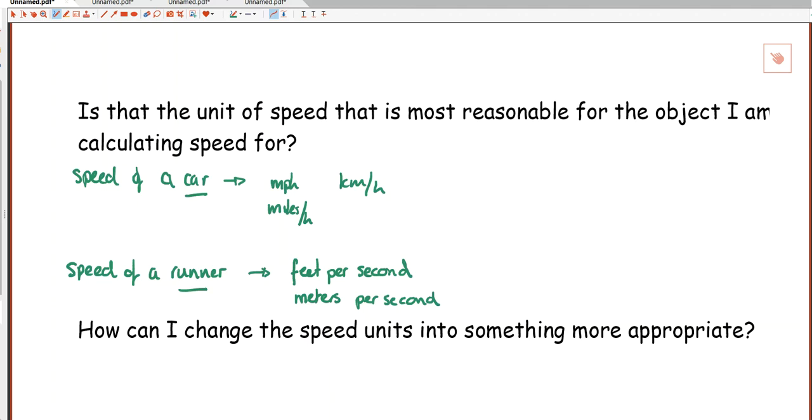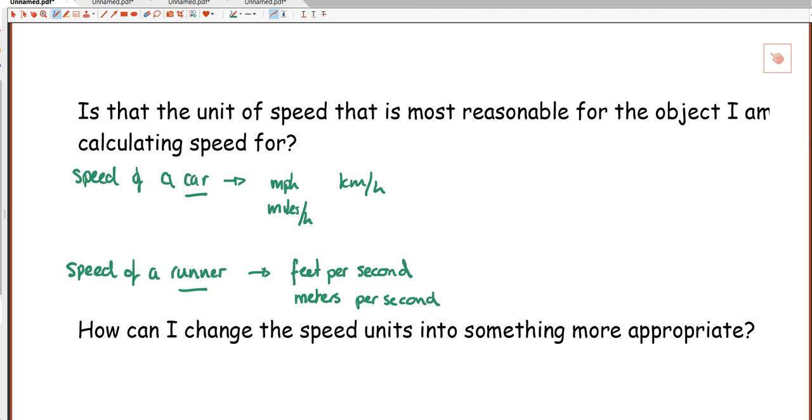Yeah, the car's a lot quicker. We can still say a car is doing this many meters per second, but it's a big number. So we say a car can do this many miles in this hour, which is more interesting for us. But a runner is a lot slower than the car, isn't it?